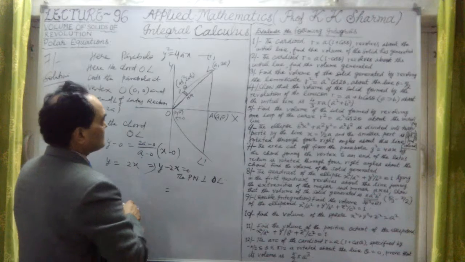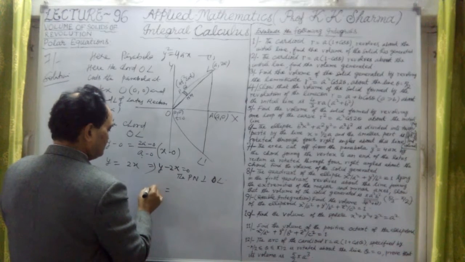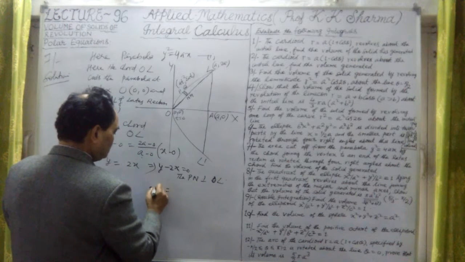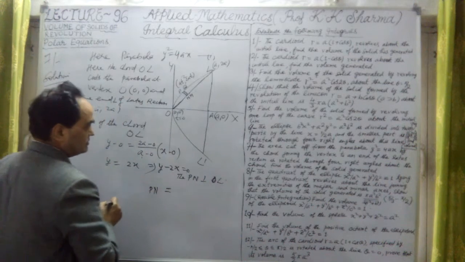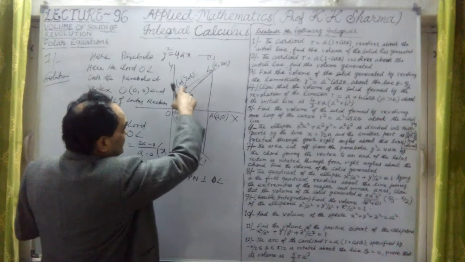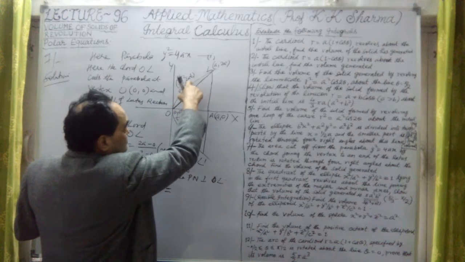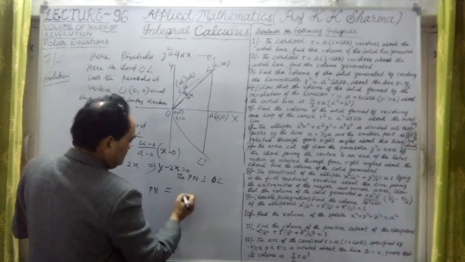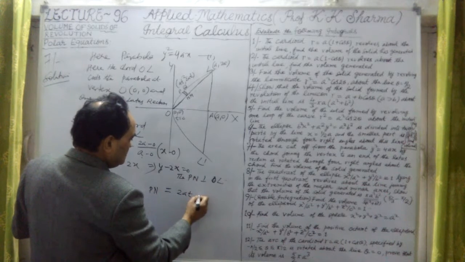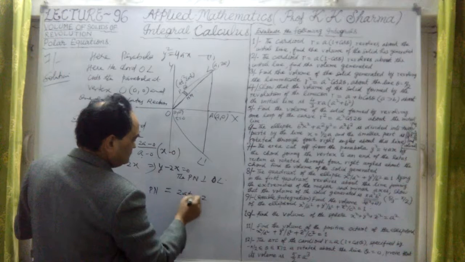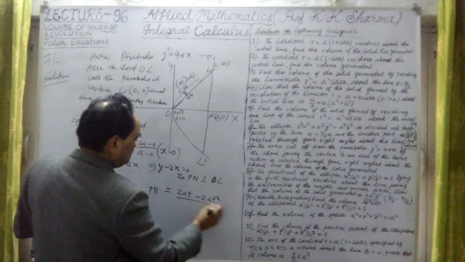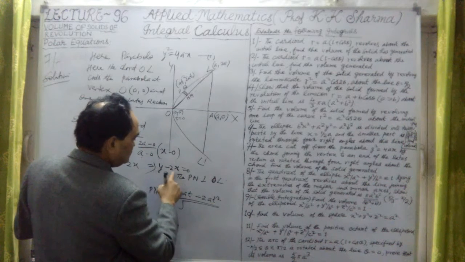Therefore the length PN is equal to this, we are finding out the perpendicular length of PN. PN is perpendicular to OL, so therefore PN is equal to, this we are calculating, 2at into 1 minus 2 into the x coordinate at square, divided by under root of 1 square plus 2 square.